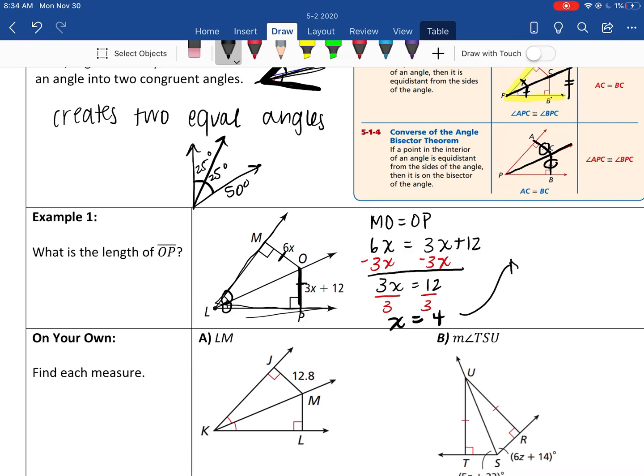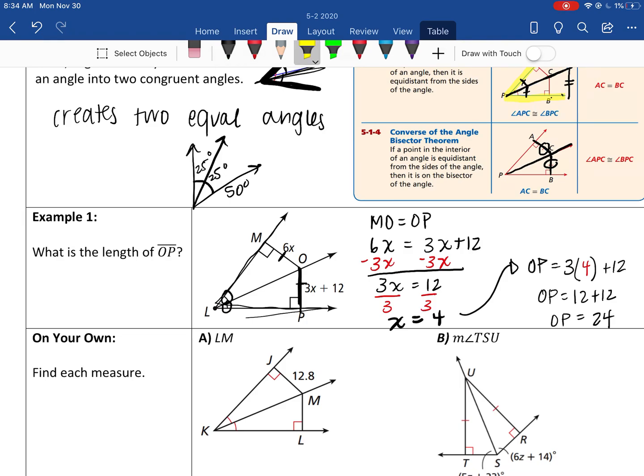So we got to plug that in. So OP is equal to 3 times 4 plus 12. So OP, 3 times 4 is 12, plus 12 gives me that OP is equal to 24.